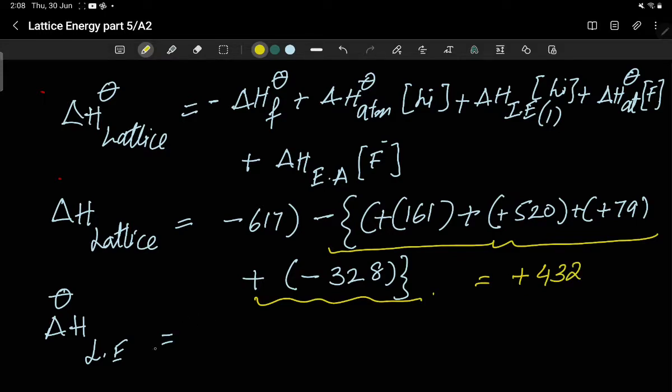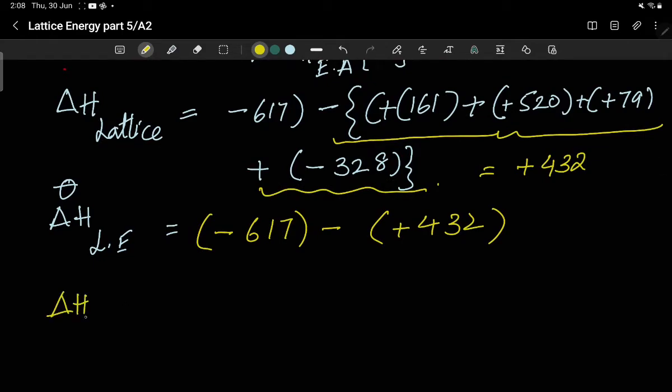So we can calculate delta H lattice energy of lithium fluoride is minus 617 minus 432, and this is equal to minus 49.